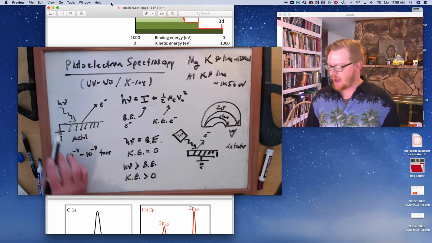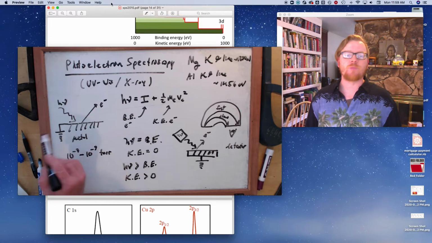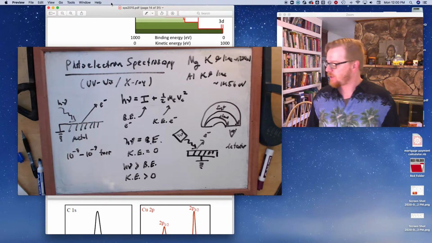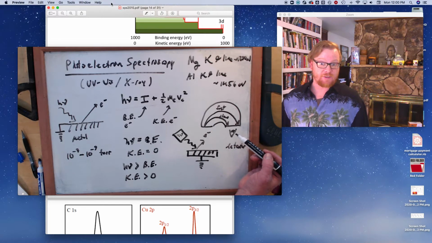So when you're using a constant energy source, and you have different samples that are going to have different ionization energies, different molecules or different atoms, you're going to have different kinetic energies of electrons.